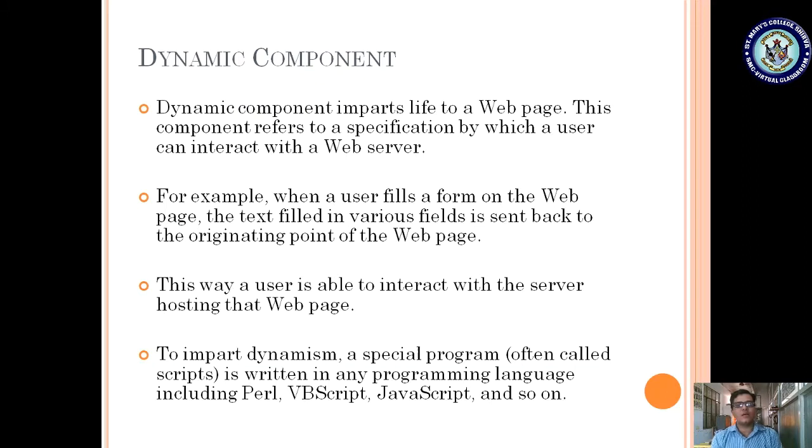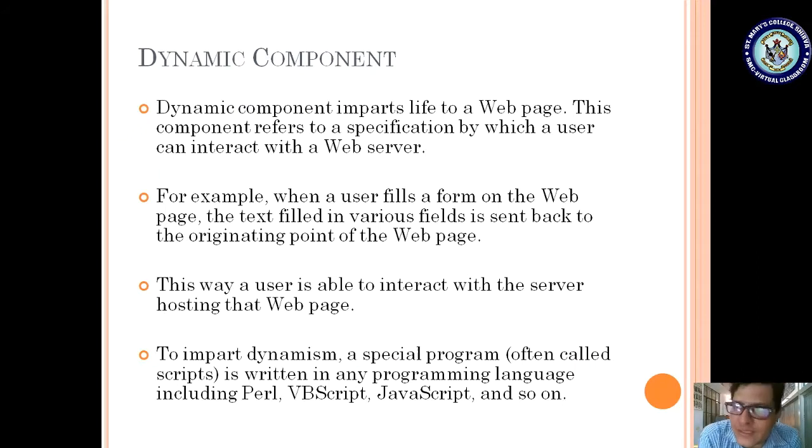For example, when a user fills a form on the web page, the text filled in various fields is sent back to the organizing point of the web page. For example, if you are creating an account on Facebook or Instagram, you fill in a form. That is a form developed in the web page, as we know how to develop a form in web pages, right? Whatever text you filled in that field is sent back to the organizing point.